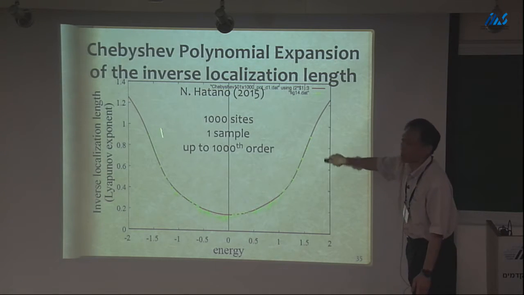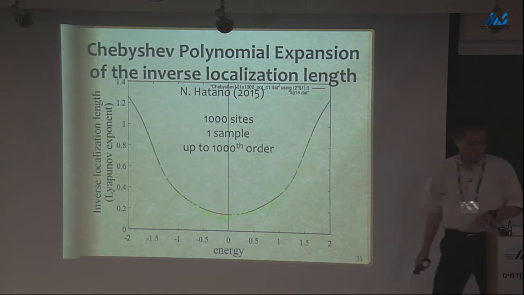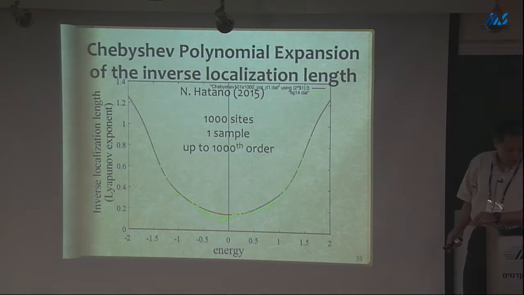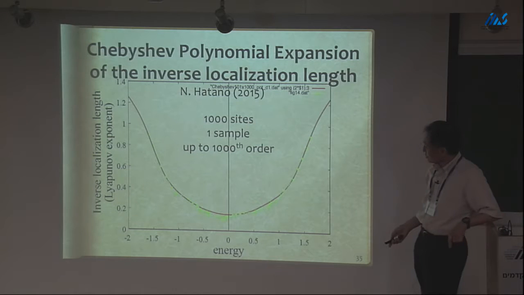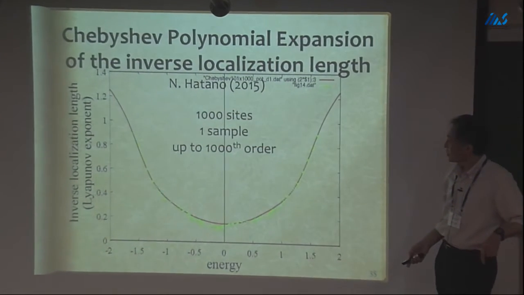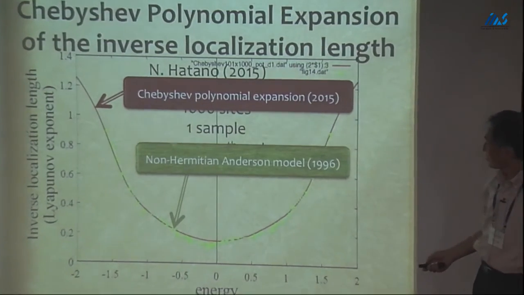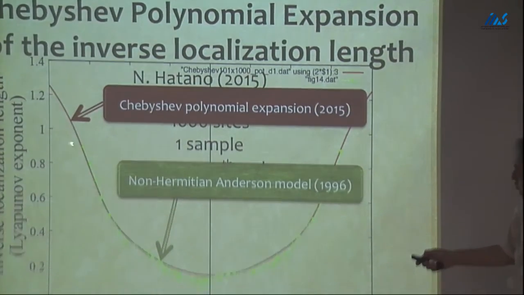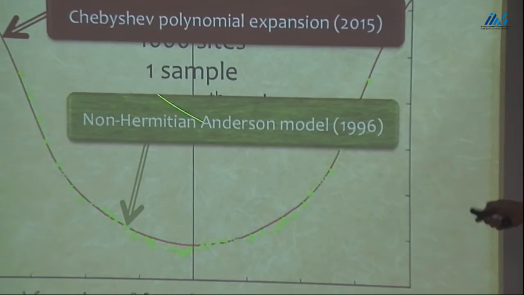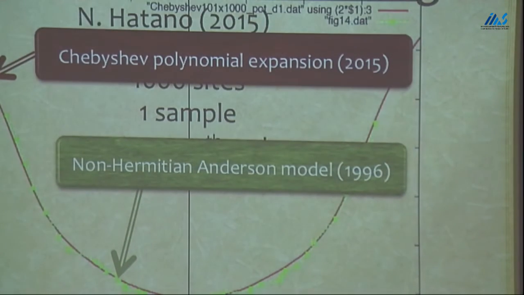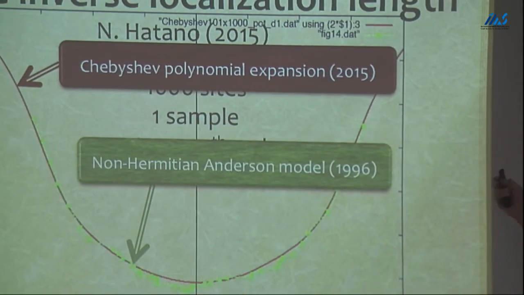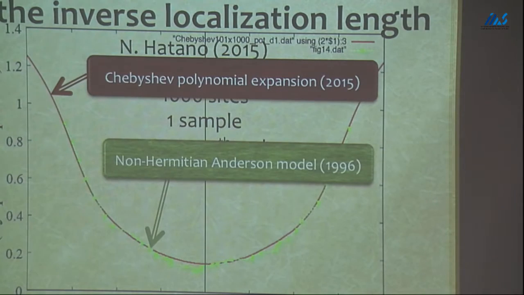That's the red curve. It looks very reasonable. It works quite well. And indeed, after almost 20 years, I was able to confirm this green curve by this red curve. So that's why I was so excited when I saw this figure.